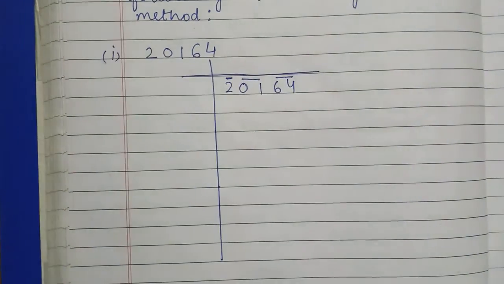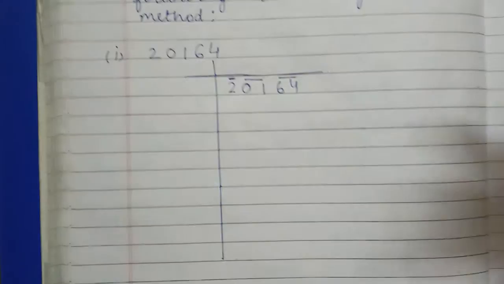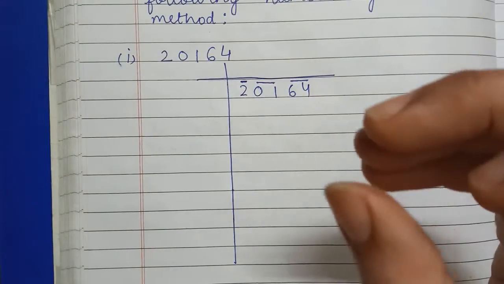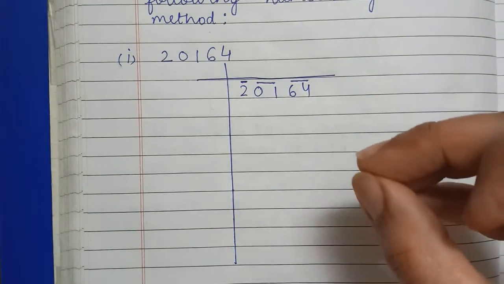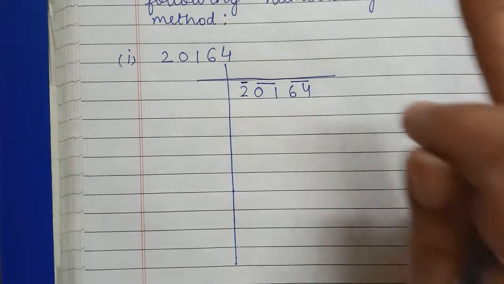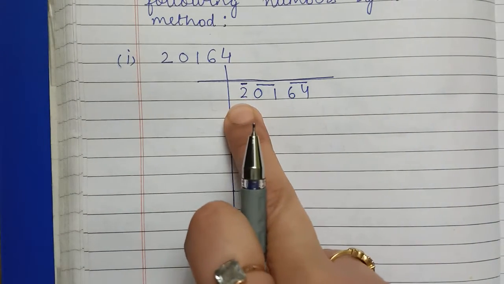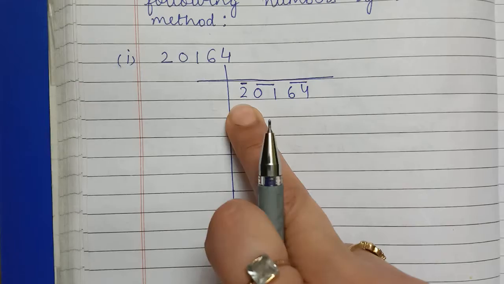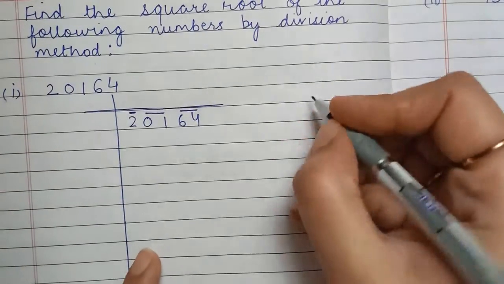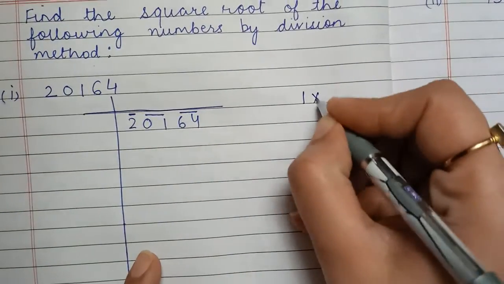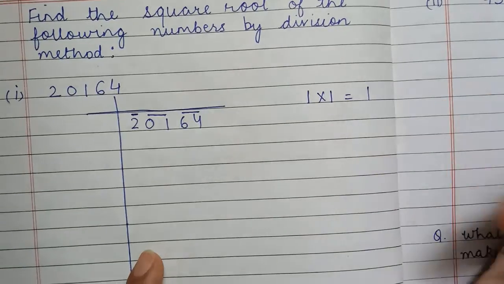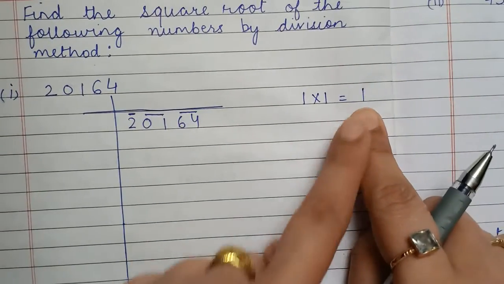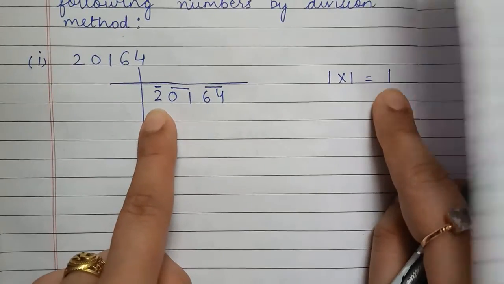Alright. Now we have to think of a number which, when multiplied by itself, gives a product either equal to 2 or less than it. Like if I suppose 1, then 1 multiplied by itself is 1, which is less than 2.